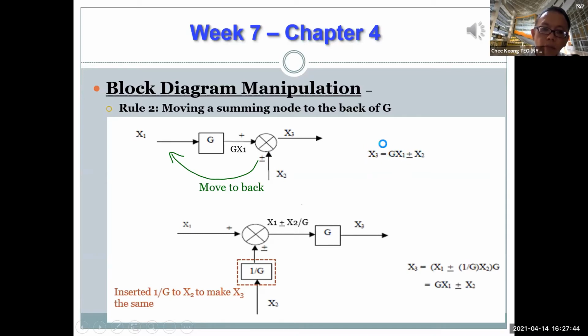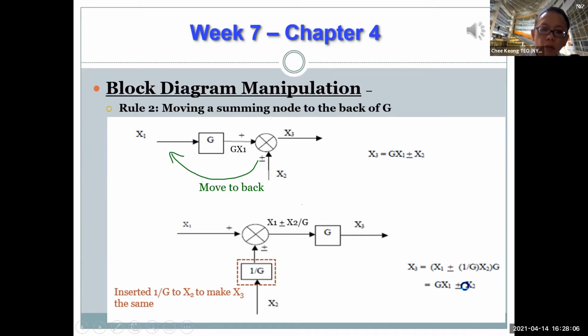So this is X3. Now, if you move this point to here without putting this block, then you would have X1 plus minus X2, then times G. So which is X1 plus minus X2 times G, you have an extra G at the X2 there, right?